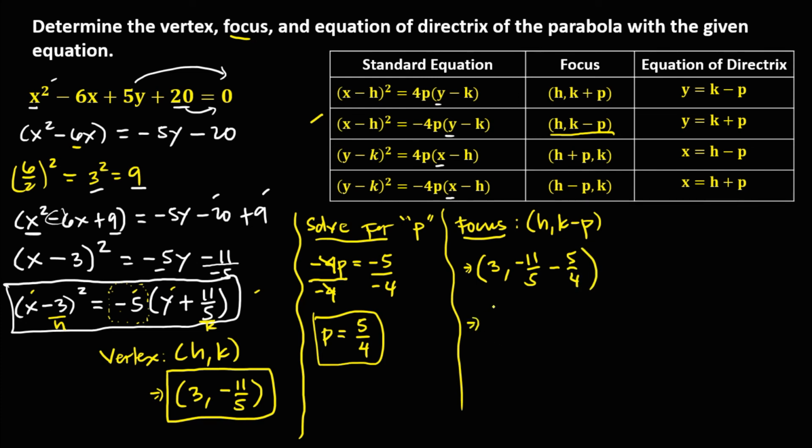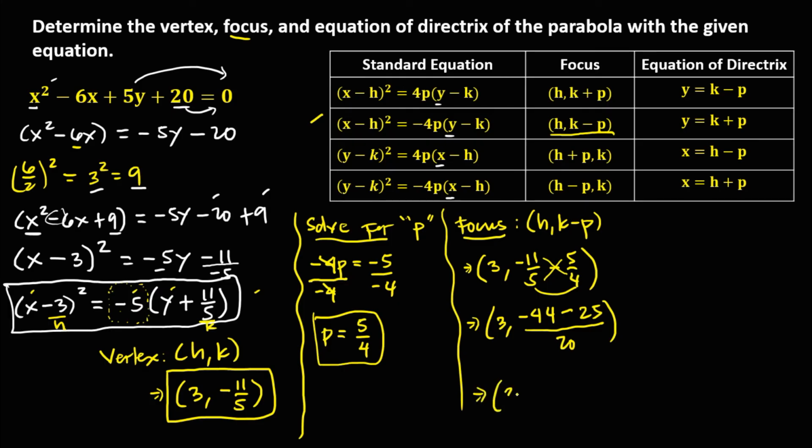Then simplify, so let's apply the cross multiplication. So we have negative 11 times 4, that's negative 44, minus 5 times 5, that's 25, over 5 times 4, that's 20.